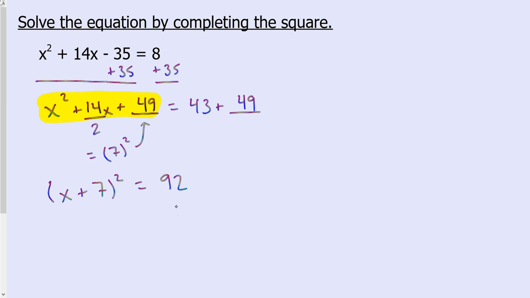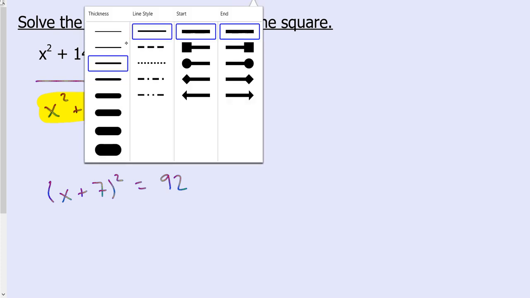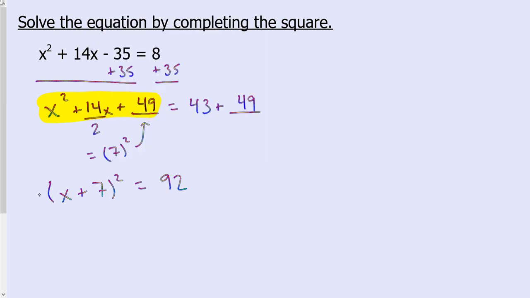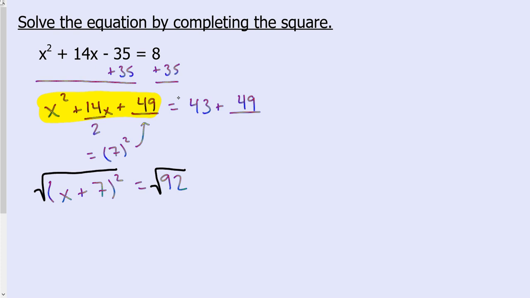So now that I have this plus 92, I can go through and take the square root of each side, okay? So I'm going to take the square root of everything that's on the left, and I'm going to take the square root of everything that's on the right. And maybe I'm going to notice that 92 isn't a perfect square. Well, that's okay. Not everything can be a perfect square.